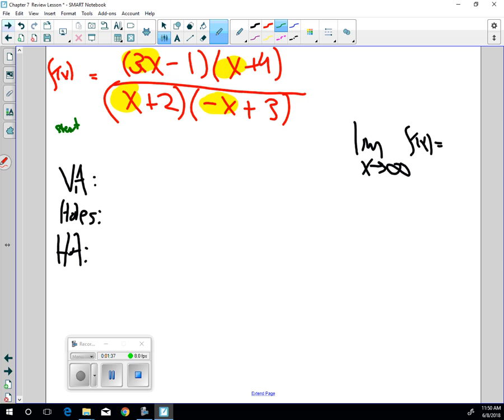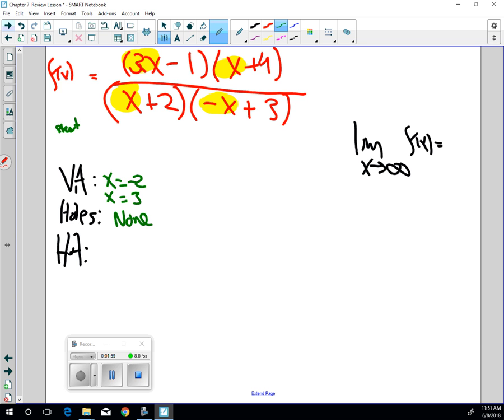All right, so I'm going to do this one, set the denominator equal to 0. By the way, nothing cancels out, so we're just going to get x equal -2, x equal 3, as the vertical asymptotes. Nothing cancels out, so there are no holes.